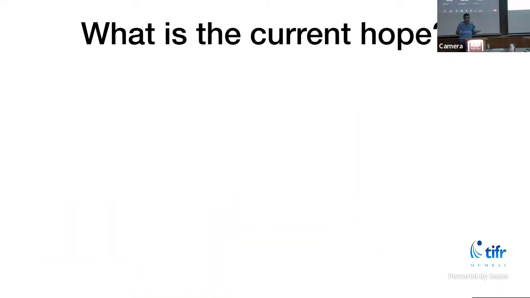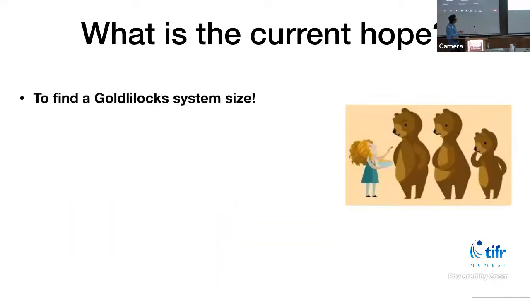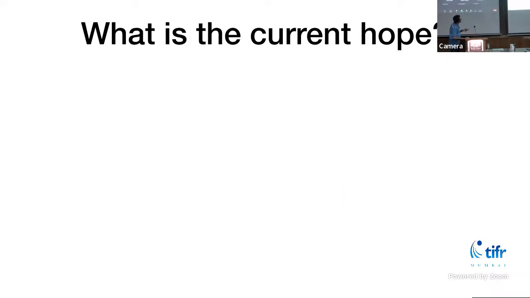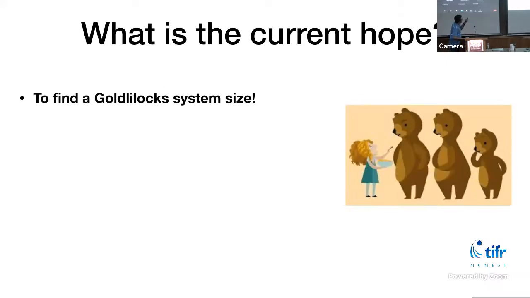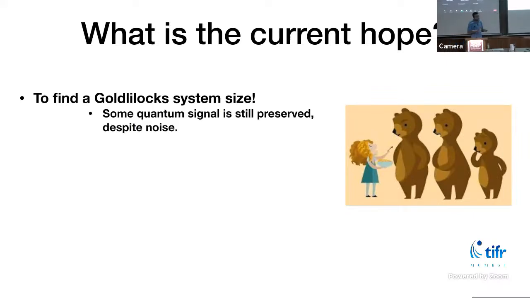So what is the current hope? The current hope is to find a Goldilocks system size. What do I mean by that? I want to do this task of random circuit sampling for some fixed system size.